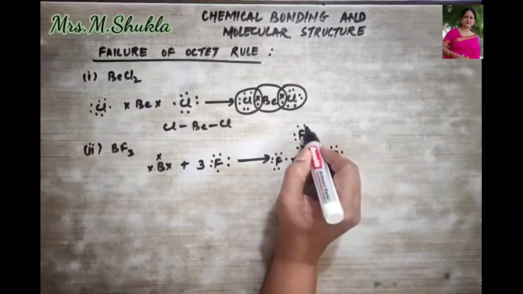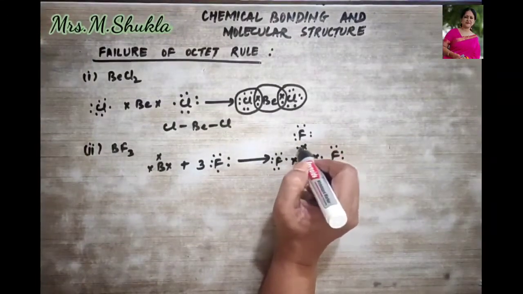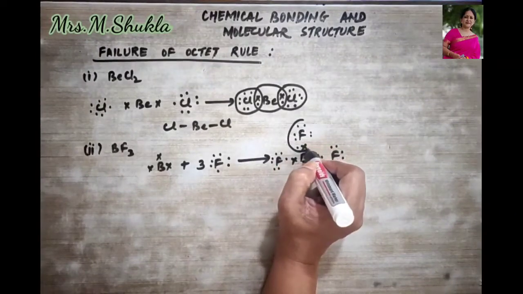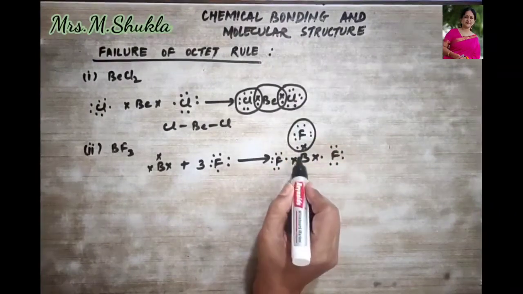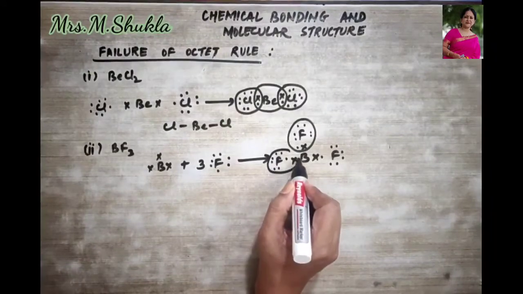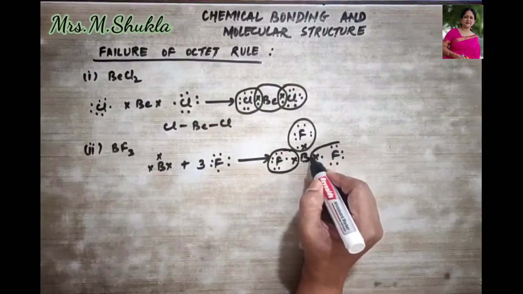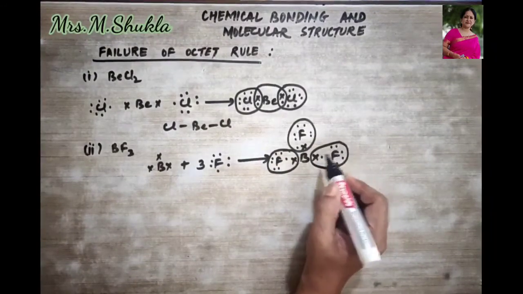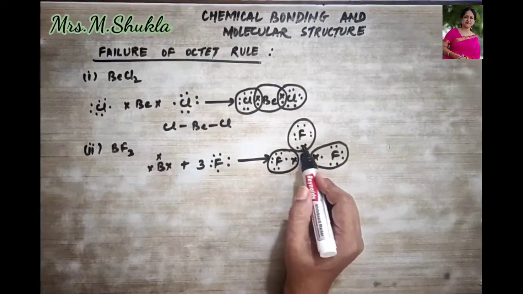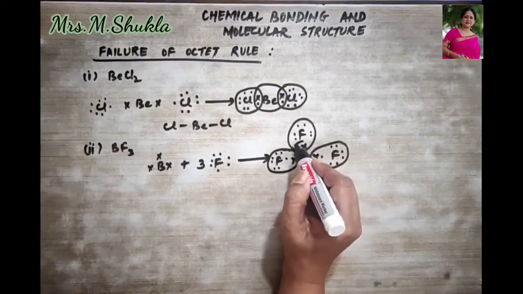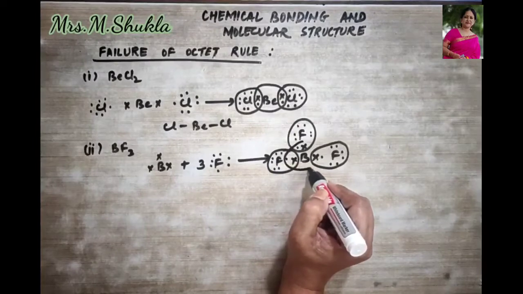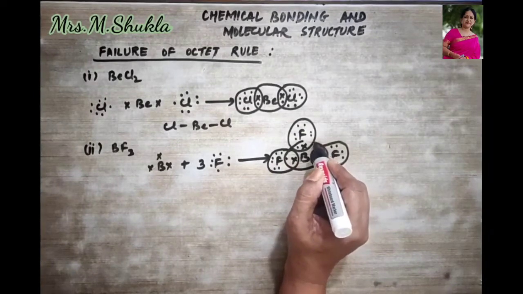Now see, each fluorine has 8 electrons and follows the octet rule. Now look at boron. Does it follow the octet rule?